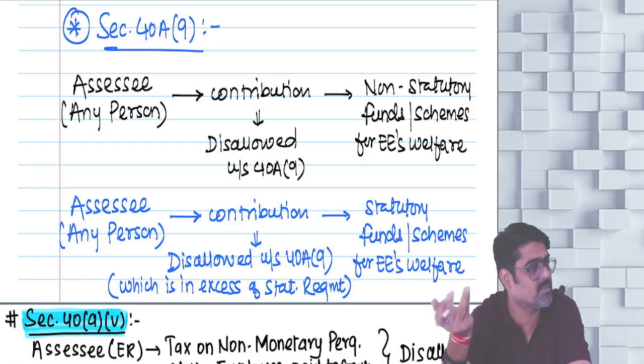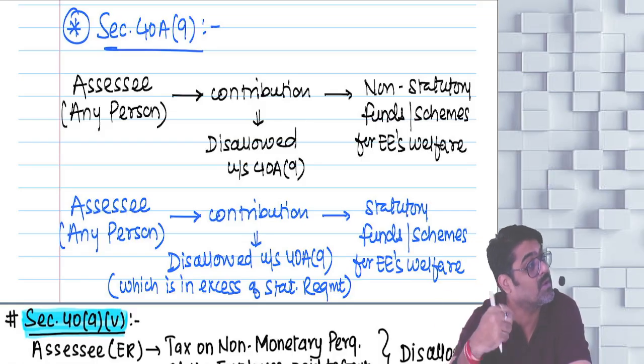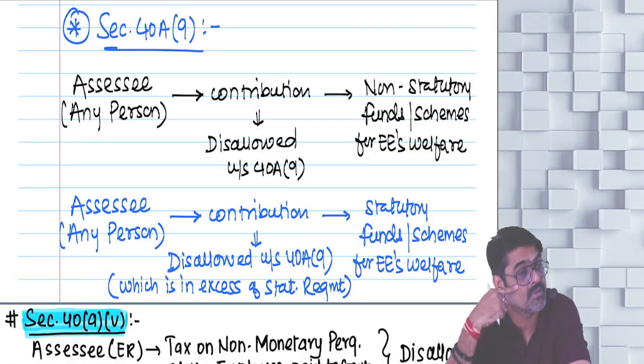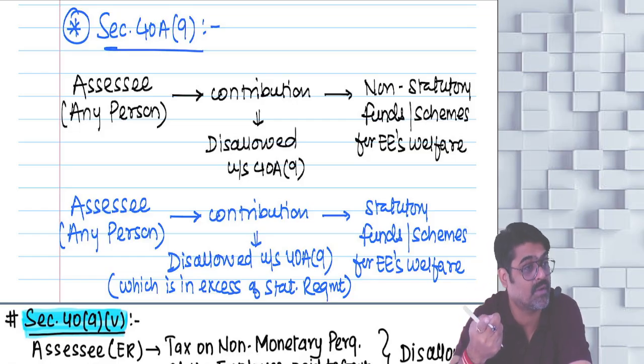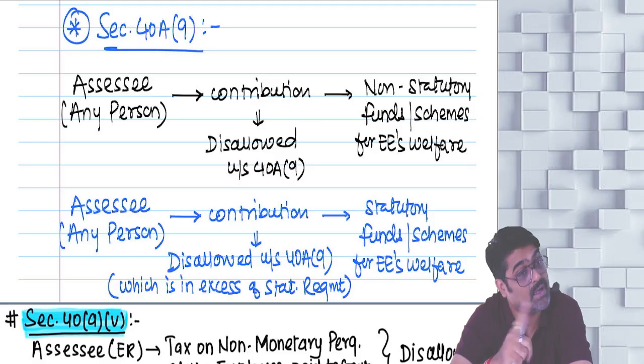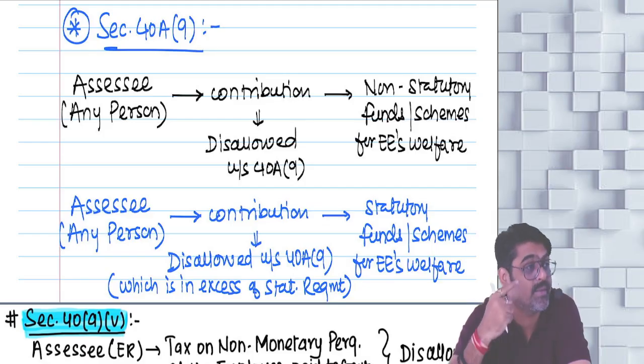Then the entire contribution is allowed. But what if the contribution is made in excess of those statutory limits? Any excess contribution, even if it is going to a statutory fund, will not be allowed because it is in excess of statutory limits. Even that will be disallowed as per 40A(9).